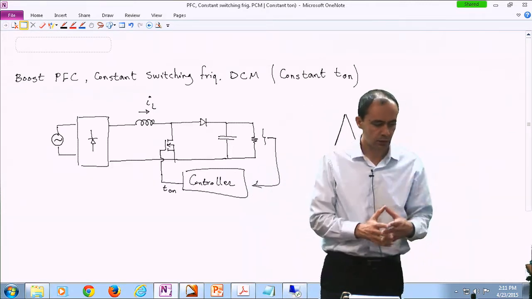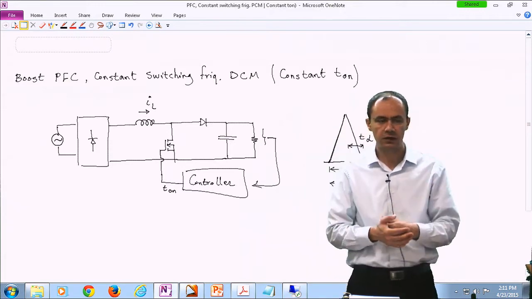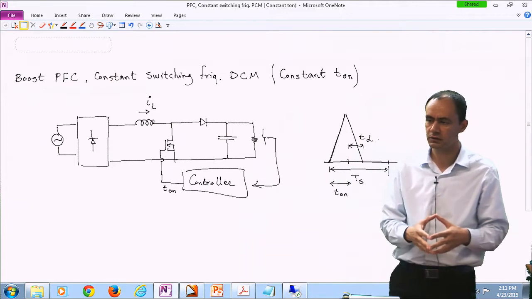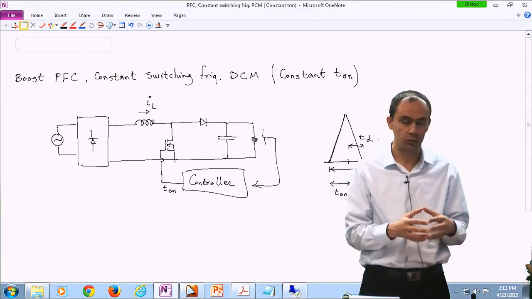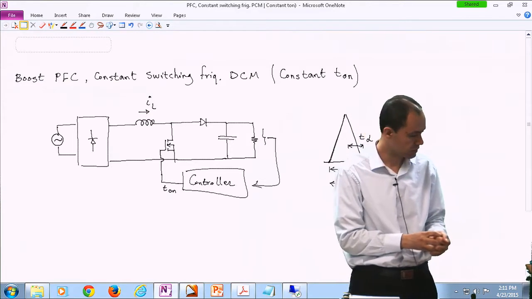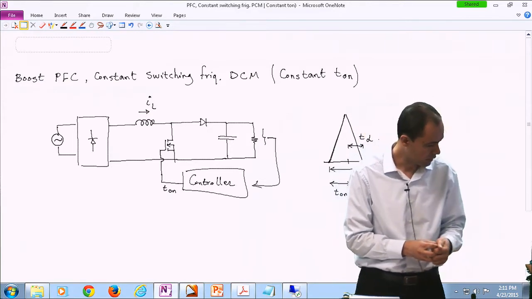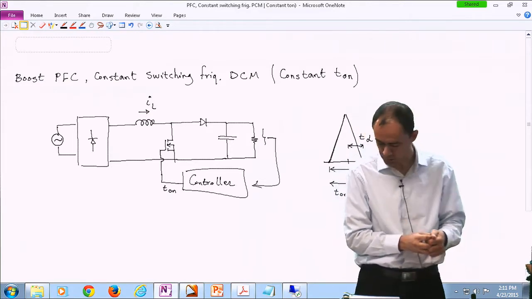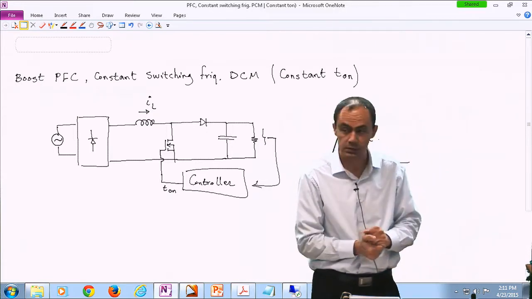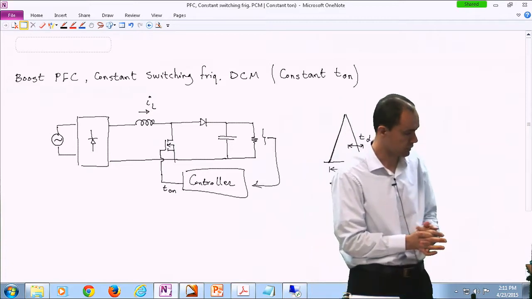So my argument is, if we follow a simple logic like this, you are going to achieve, to a certain extent, a good power factor in your inductor current. So we are going to see why. I have a simulation file already posted on Blackboard. So we're going to see the simulation file, then come back and see why it is doing what it is doing.